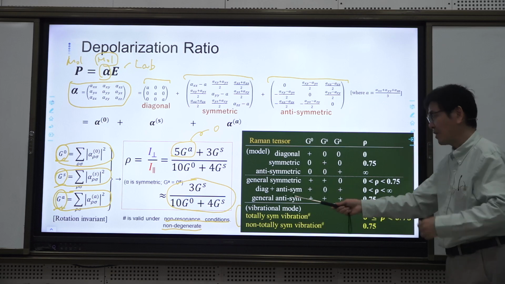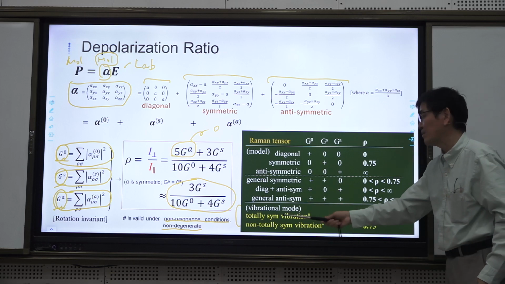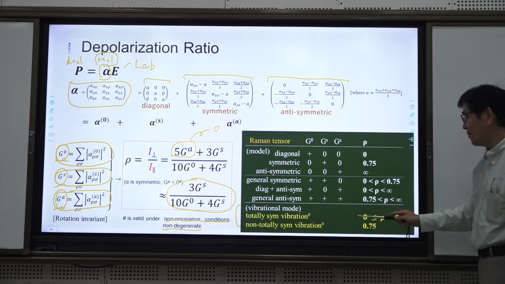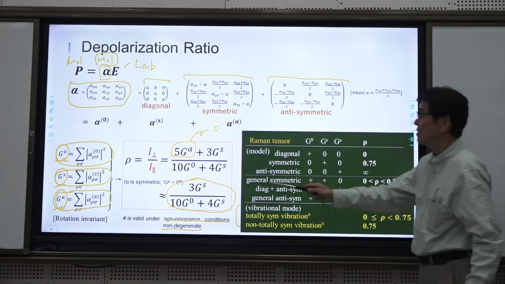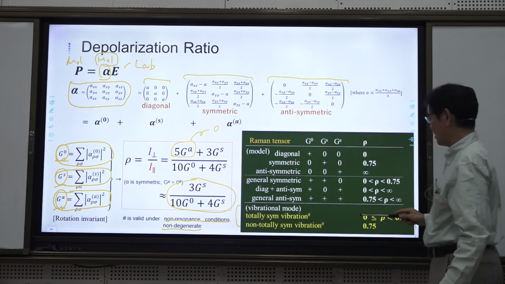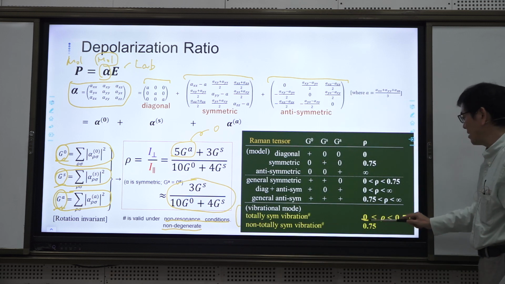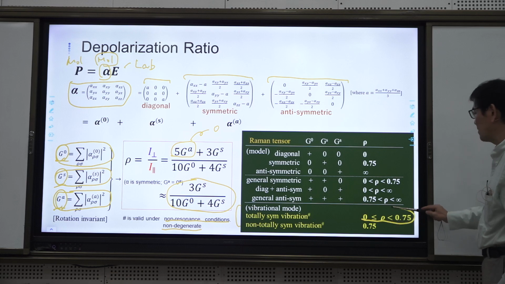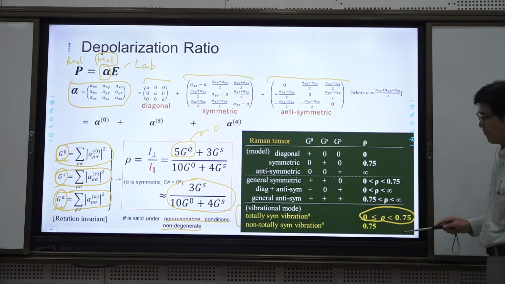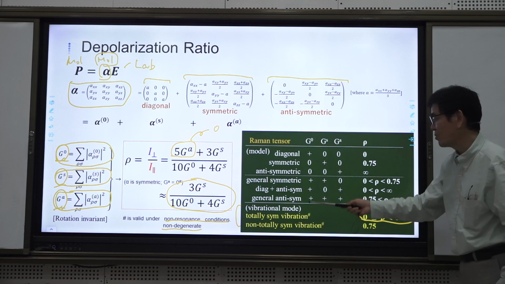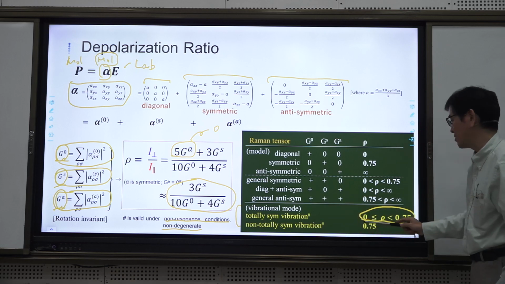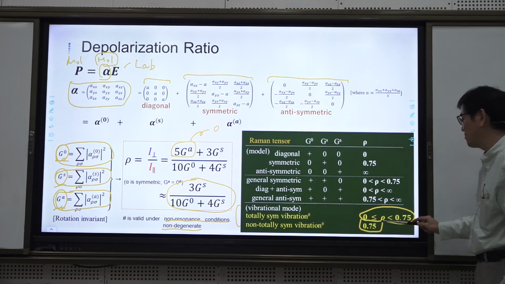When the vibration mode belongs to the totally symmetric vibration, the polarization ratio becomes a number between 0 and 0.75. If the vibrational mode is a non-totally symmetric vibration, it becomes 0.75.